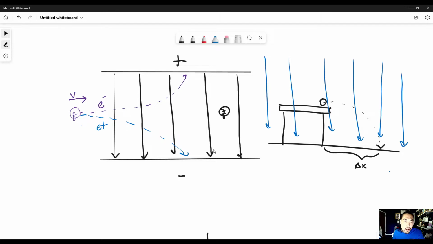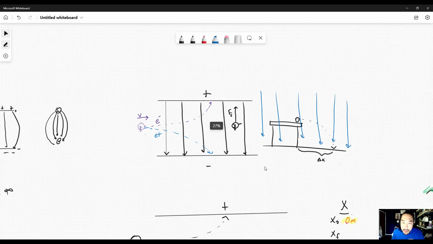And let's just say, for continuity's sake, that this is a negatively charged particle. So if this is a negatively charged particle, it will experience an electric force going up, Fe. And that's fantastic because if we know that, we can set up our net force formula.